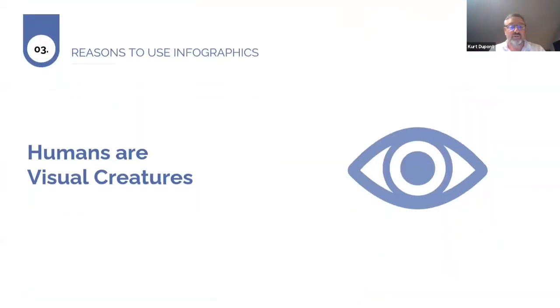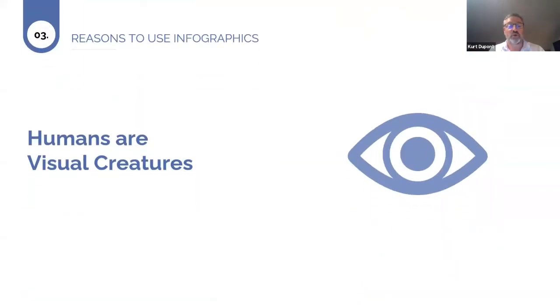The second reason to use an infographic is that humans are visual creatures. It's no question that humans are visual creatures. We make decisions and form opinions about things that we read, hear, and see every single day.